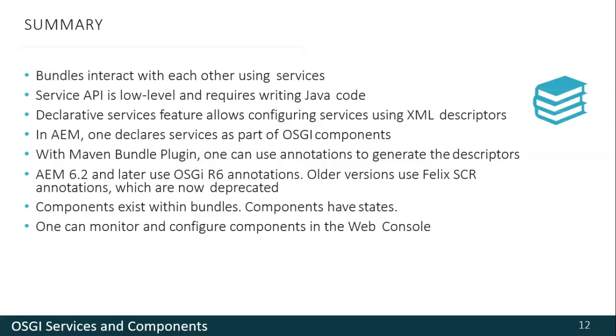With the Maven bundle plugin, one can use annotations to generate the descriptors. AEM 6.2 and later use OSGi release 6 annotations. Older versions use Felix SCR annotations, which are now deprecated. Components exist within bundles. Components have states. One can monitor and configure components in the web console.